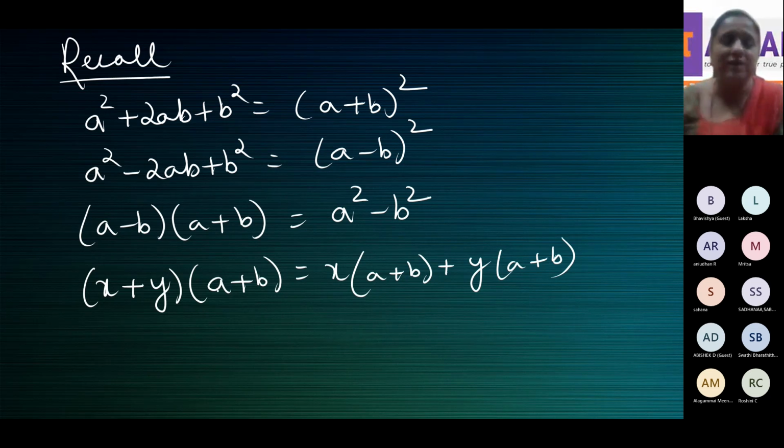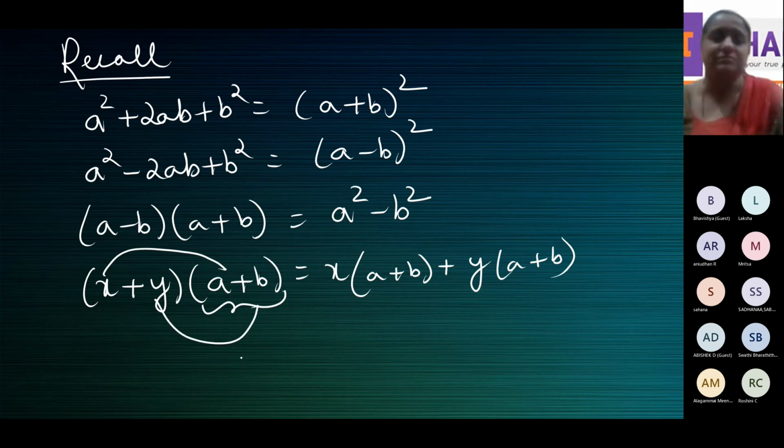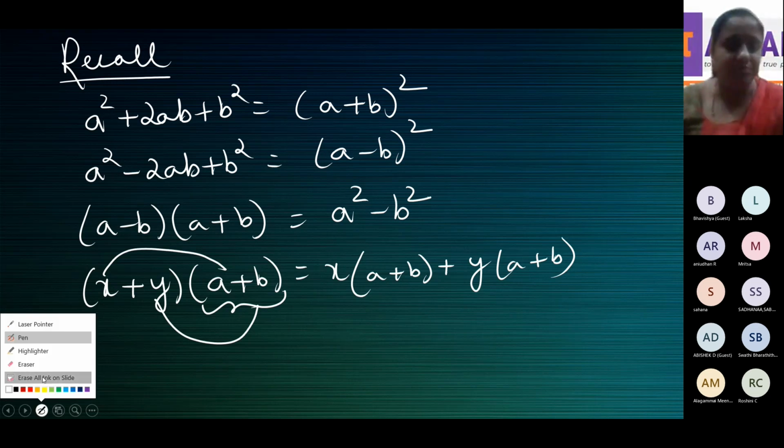If it is x plus y into a plus b, you multiply x into the second bracket plus y into the second bracket. X into a plus b plus y into a plus b. All right. Now, let's see how to simplify.